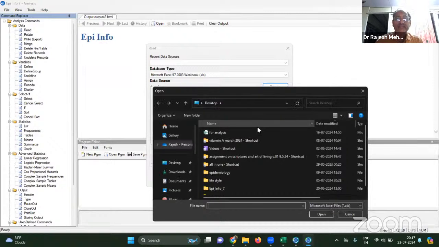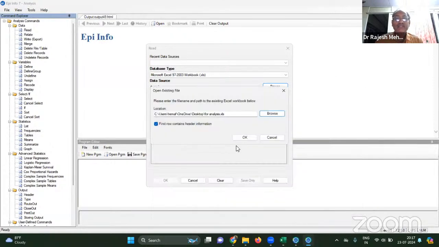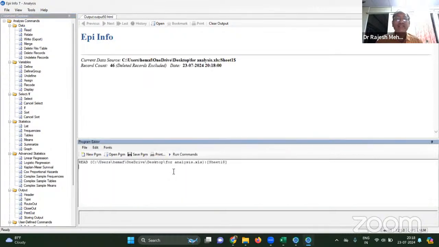That will be better. So I'm using the older version of XLS, not the latest version. It will be better to analyze the data. Then you can select the file like this. You can see the records like this.